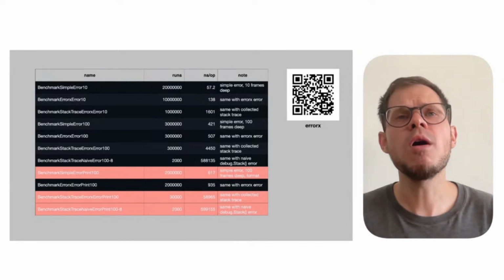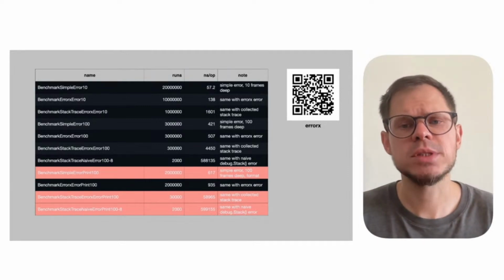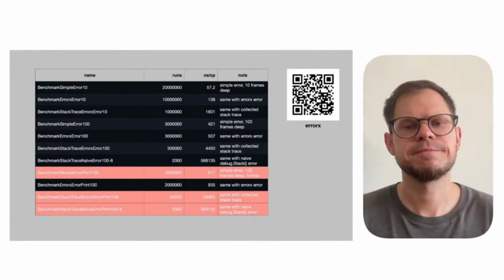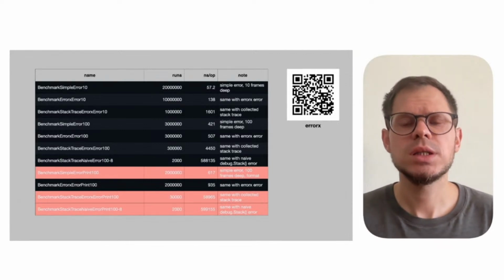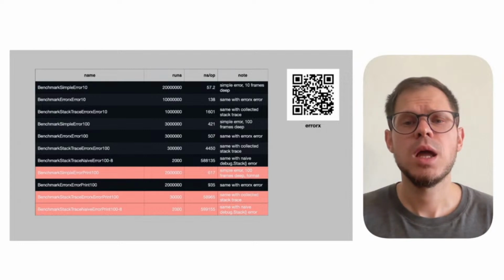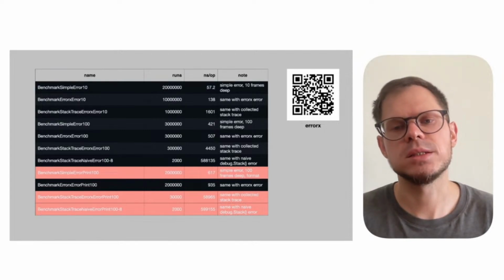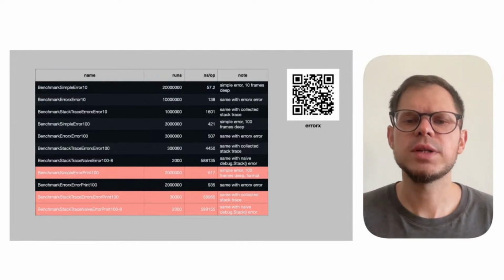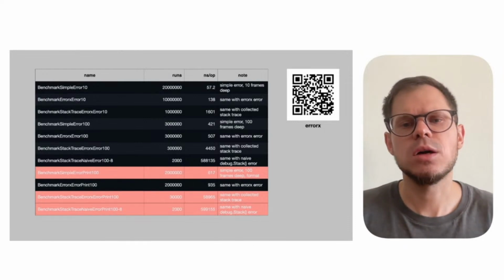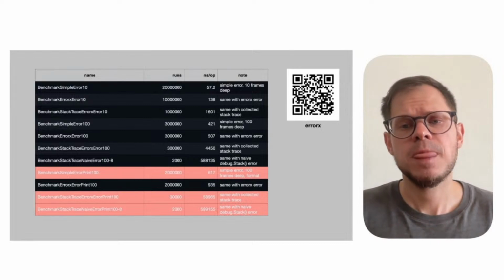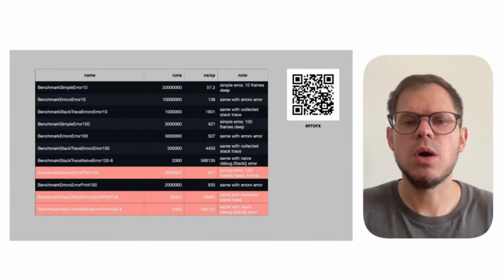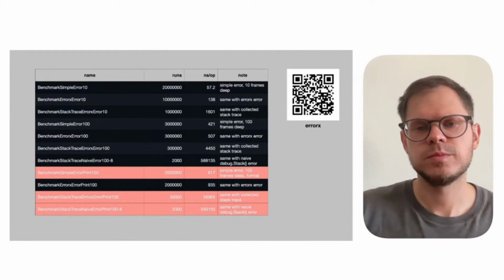It's more than 1,000 times slower compared to fmt.Errorf. But in absolute numbers, it's not a lot. It's only half a millisecond. If we have a nested DB call that equals 40 milliseconds or 200 milliseconds, this is the price that we are allowed to pay.